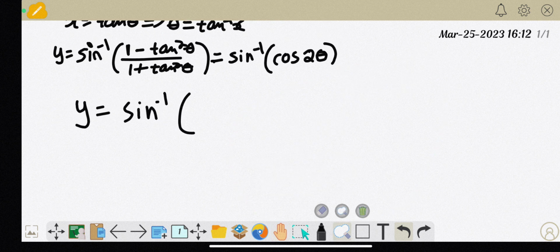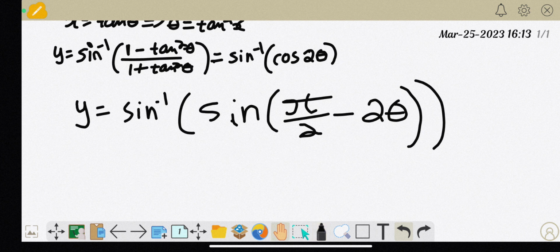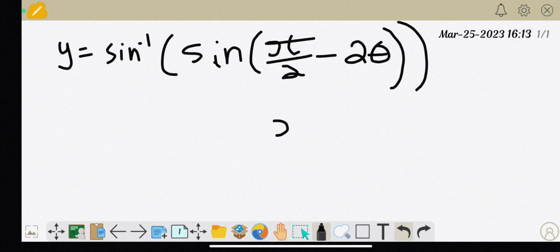Yeah, so now the suitable substitution is sine of (90 minus 2 theta), correct? See, you can also write this as 90 plus 2 theta, no issues.